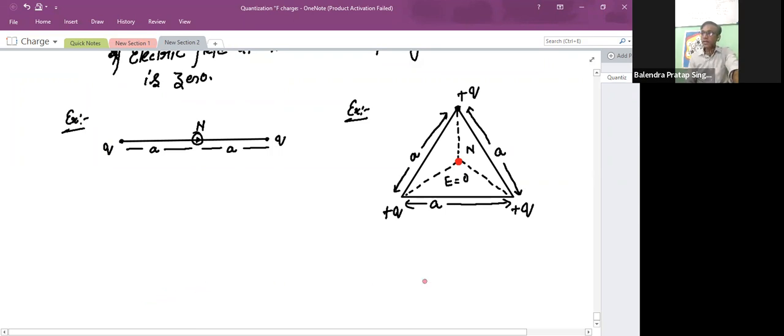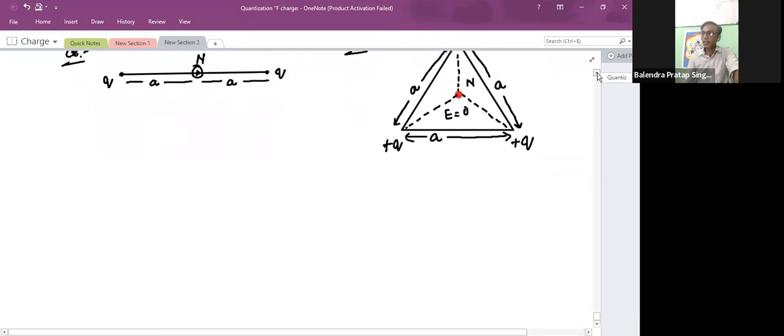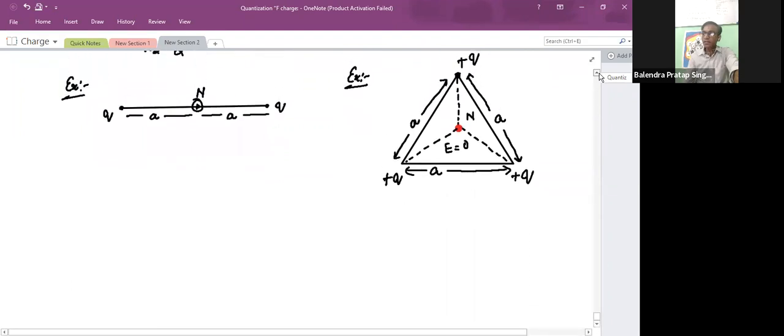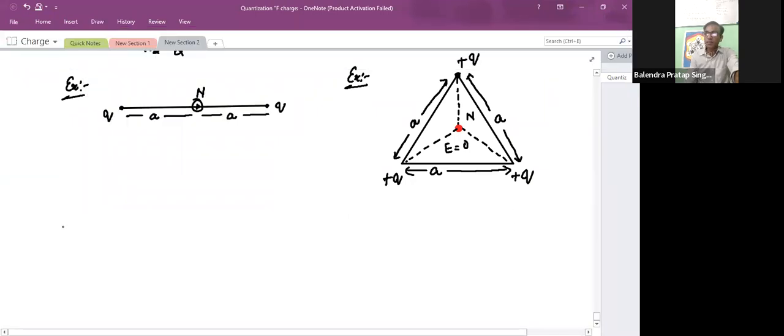Now the next example is if I consider a square. Then the neutral point will exist at the center of this square.